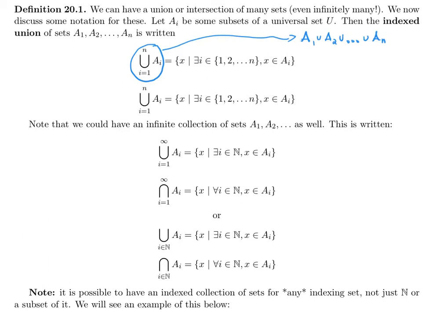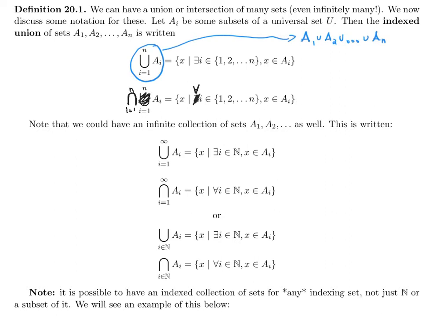And actually I wrote union twice. This one means to be the intersection. So let me change this. This shouldn't be a union. This should be an intersection from I equals 1 to N of AI. And for an intersection, it needs to be in all of them. So it can't just be in one. It needs to be in all.